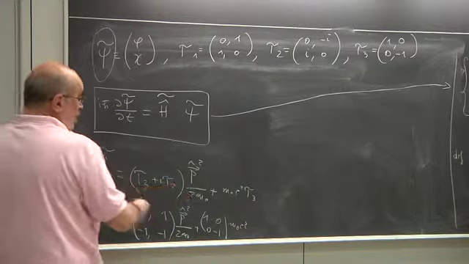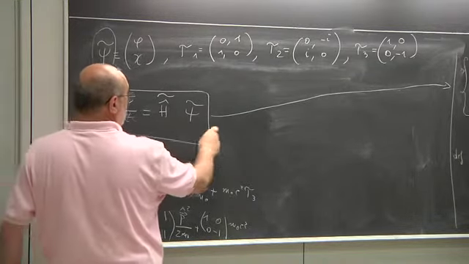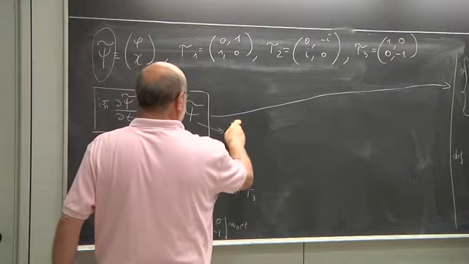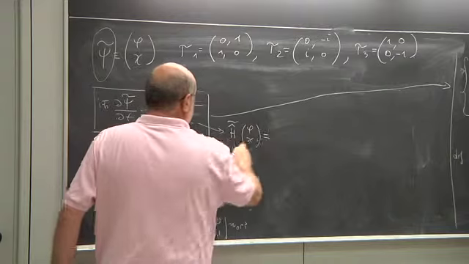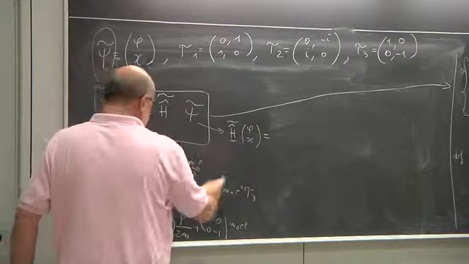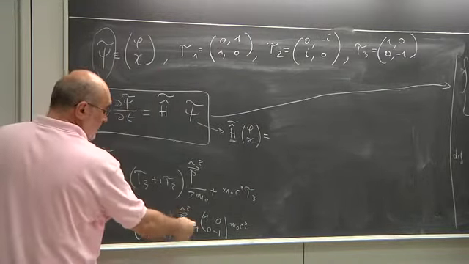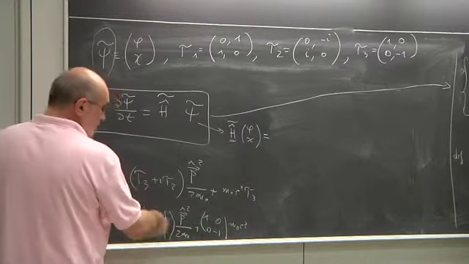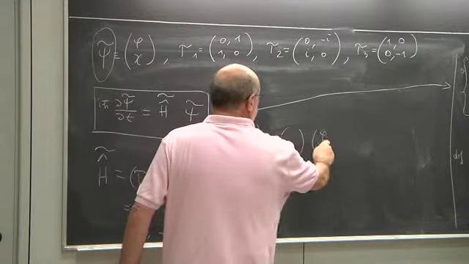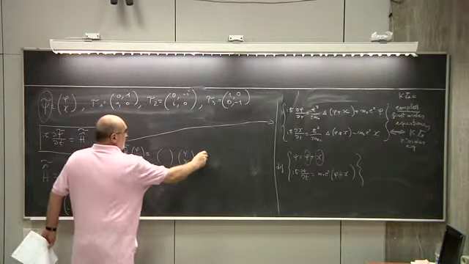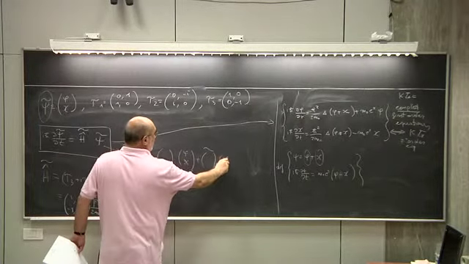Okay, so how do I apply this? I apply this to this, but what does it mean? It means this, phi and chi, and now I see that this is a differential operator multiplied by a matrix, so there are matrices acting on phi and chi, and another matrix acting on phi and chi.